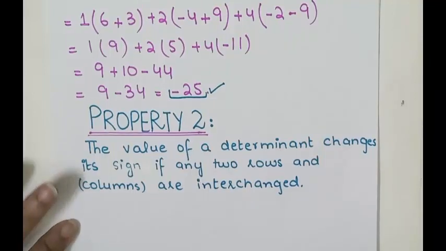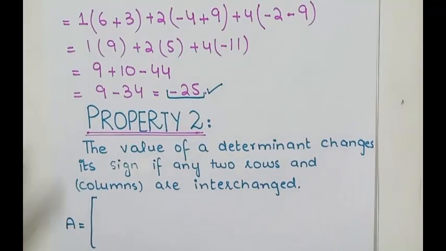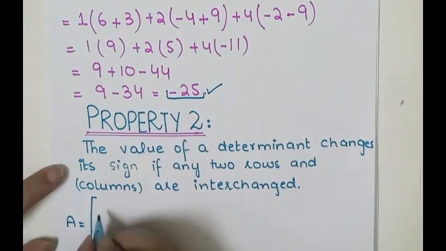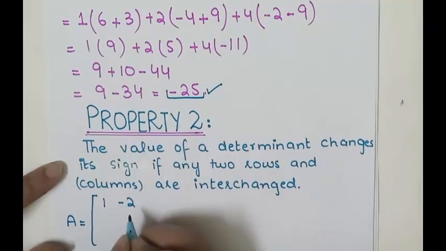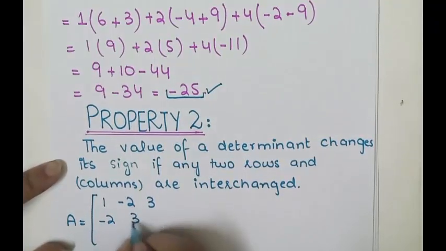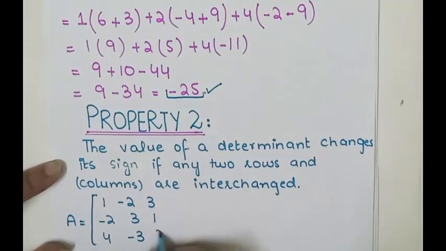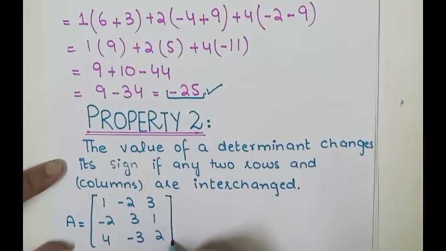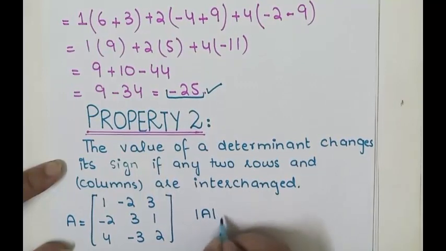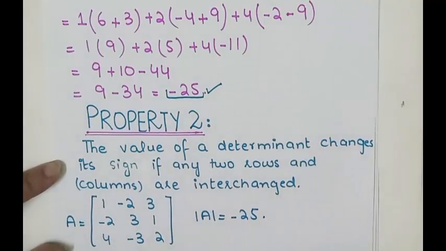We will take the example of same matrix A which is equals to 1, minus 2, 3, minus 2, 3, 1, 4, minus 3 and 2. Okay. So the value of determinant of this matrix is minus 25.